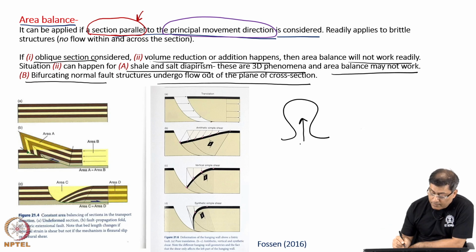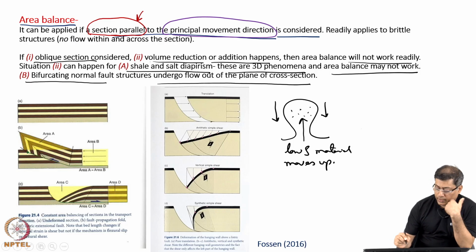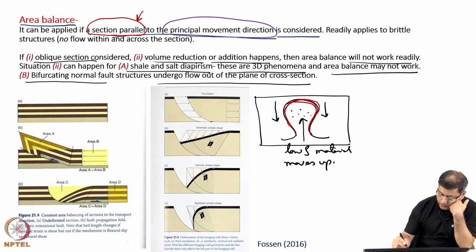In case of a mud diapirism or salt diapirism, what happens is that low density material moves up and the higher density material goes down. This produces round hinge fold, and if we are watching in the cross section within this geometry, continuously there is a volume change happening.